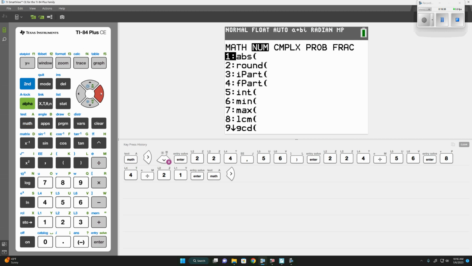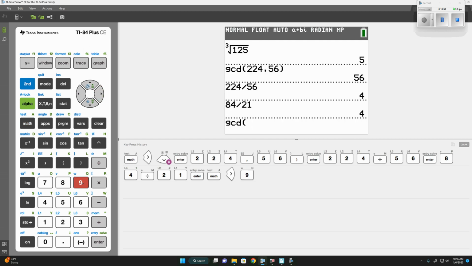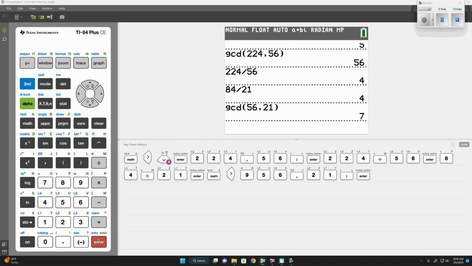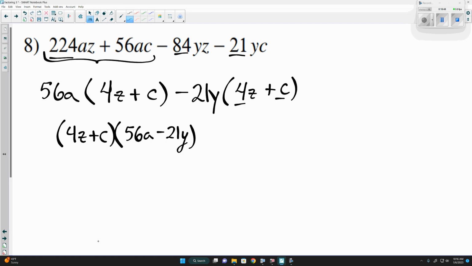So this here, if we were saying to factor it, it is factored.